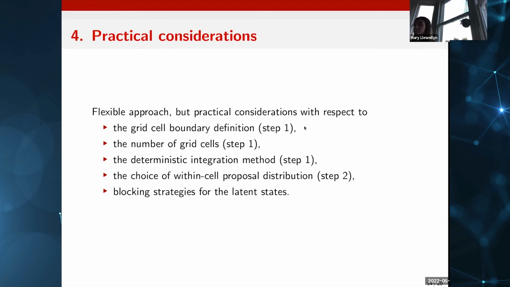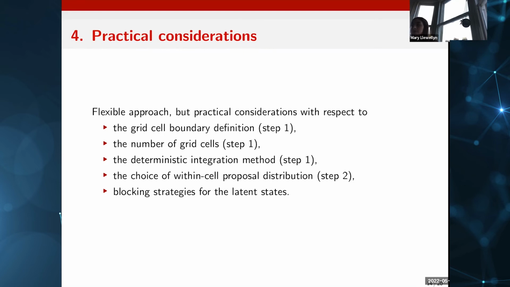The most obvious way to do it is to use equally spaced grid cells at each time point. So that's where the boundaries are equidistant, maybe apart from any infinite grid cells.